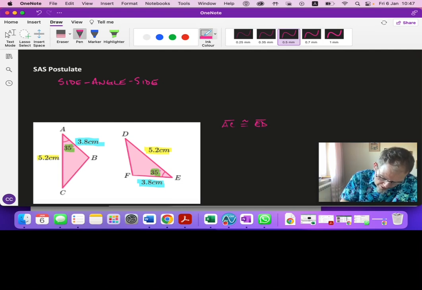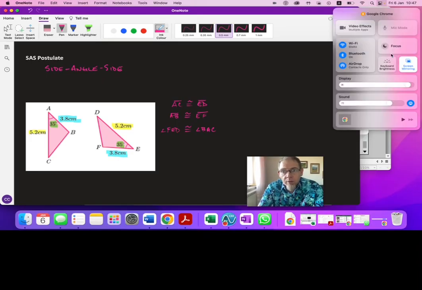And the side AB is congruent with the side EF. And then finally, because angle FED is congruent with angle BAC, because of those three things, I have side angle side, and that means that these two have got to be congruent.